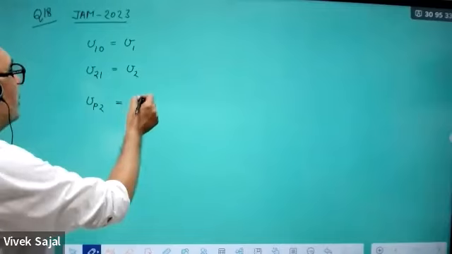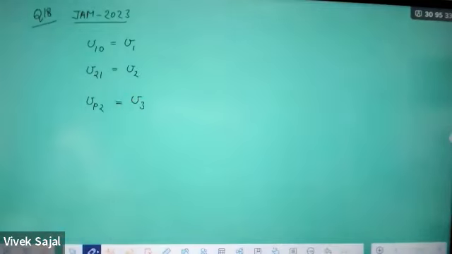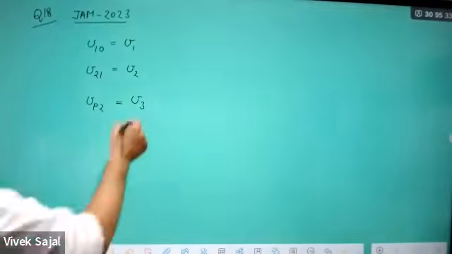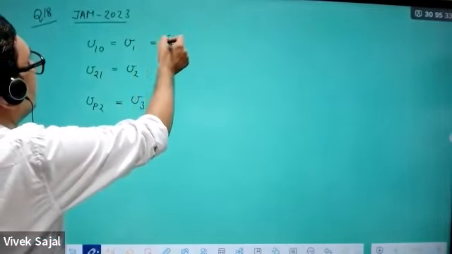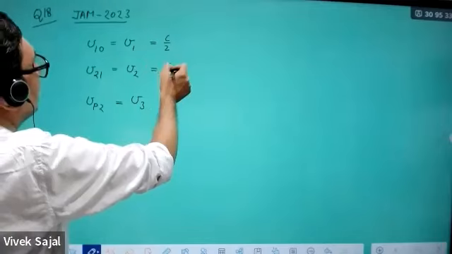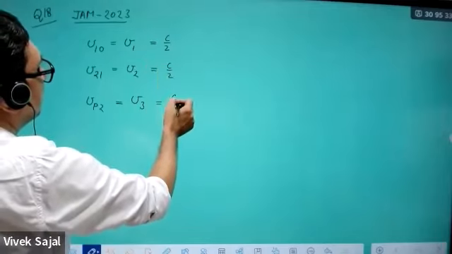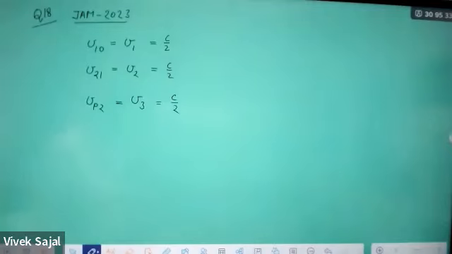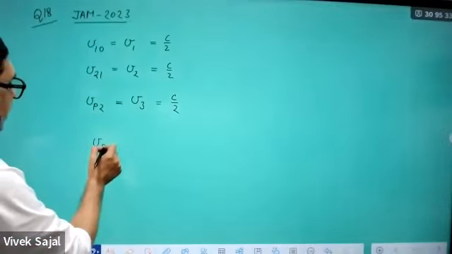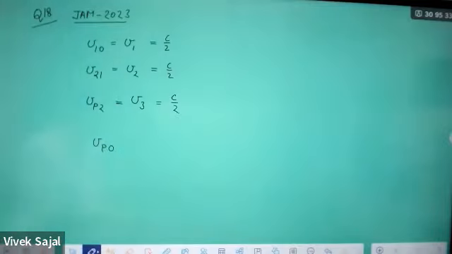These velocities are given: V1, V2, V3 are each c/2. You have to find out the speed of the particle with respect to F0. So the velocity of the particle with respect to O. You want to find this. How are you going to find it?